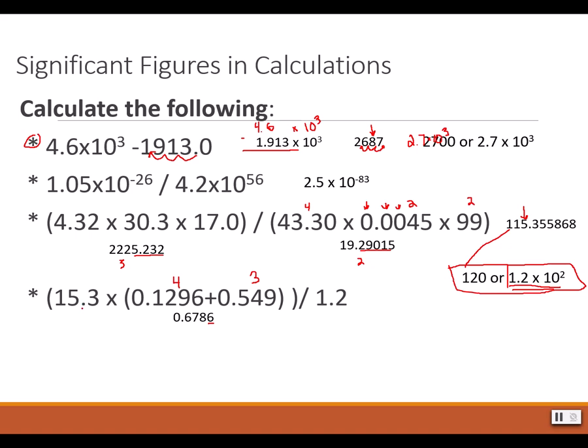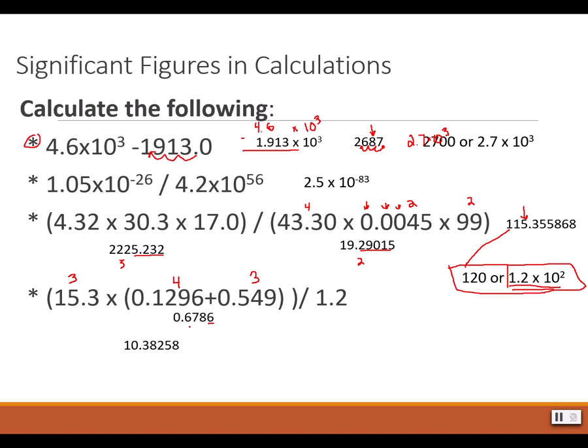Now I'm going to multiply that answer by 15.3. And when I do that, this is the number that should spit out of your calculator. I need to remember the rules for multiplication now. We care about total number of sig figs. 15.3 has 3.